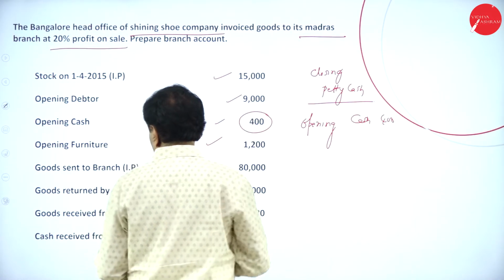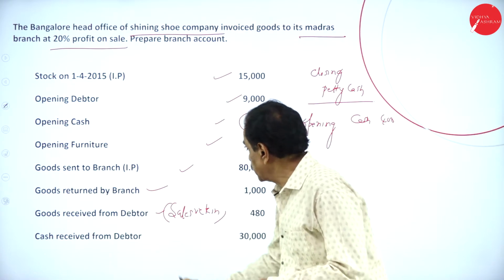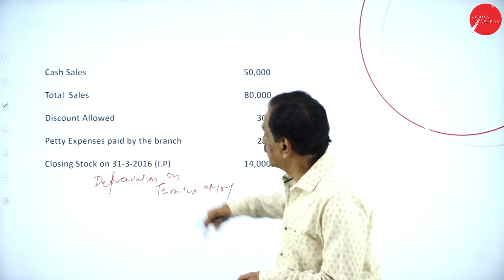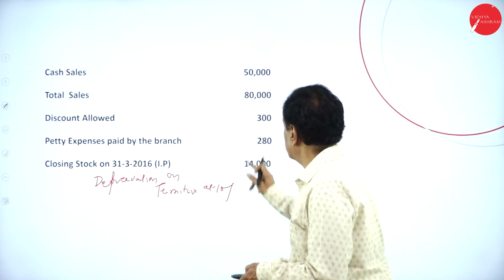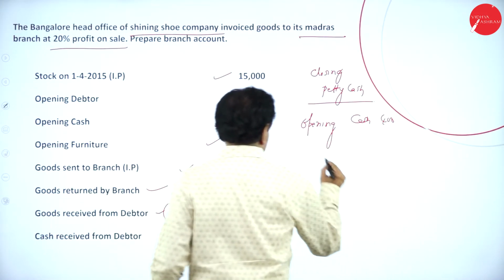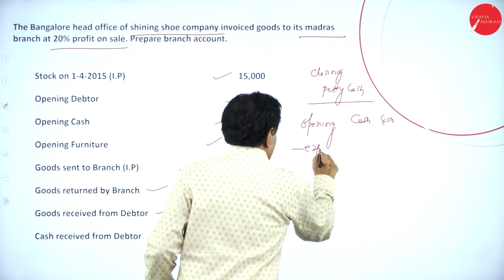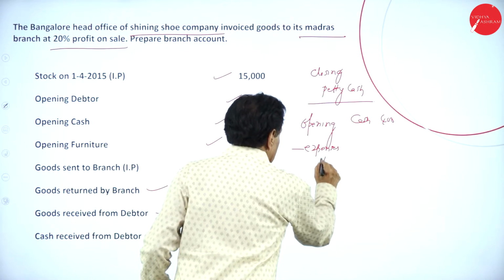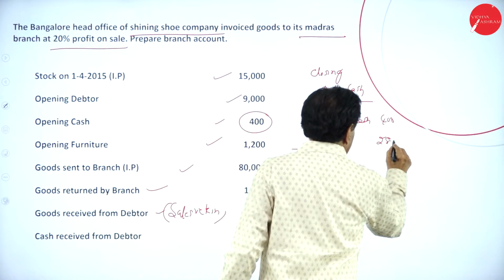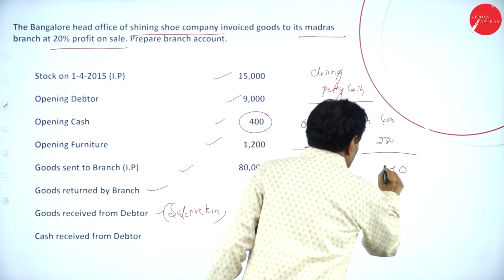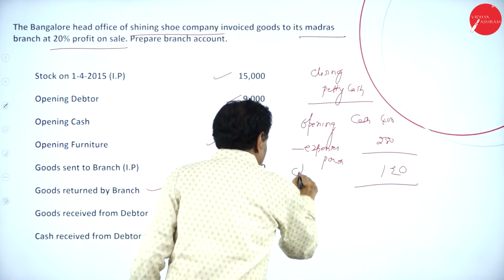Any amount received from the head office, cash received from the debtor, cash sale, total discount allowed, closing stock? No amount has been received. Petty expense paid by the branch, minus expenses paid. 280. Deduct 0. This is 2. 120. Closing balance.